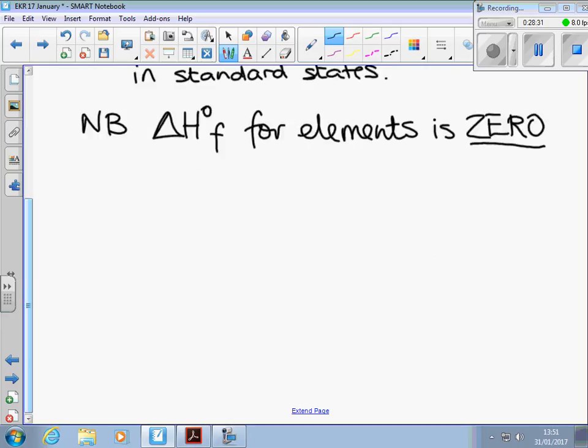Okay, let's go into an example. I'm not going to use the book just for the time being, although these numbers might match up with that.